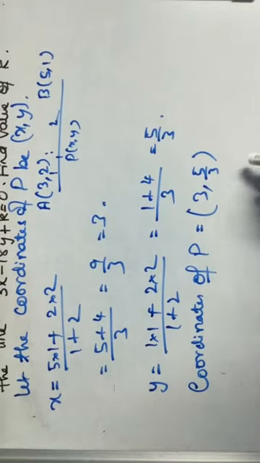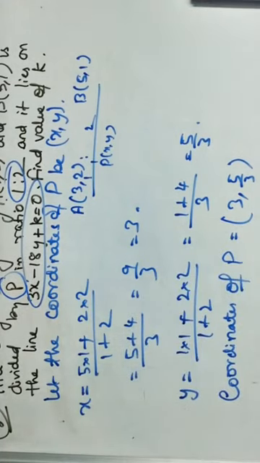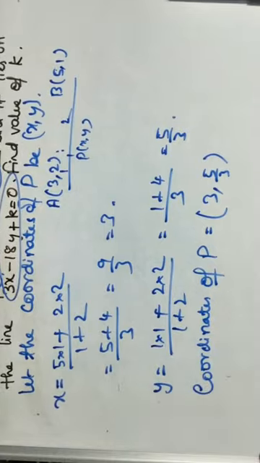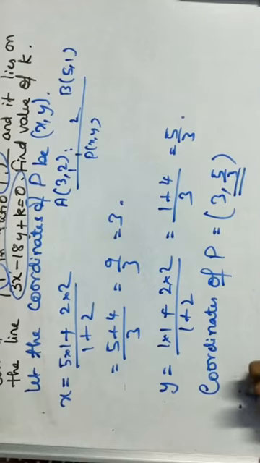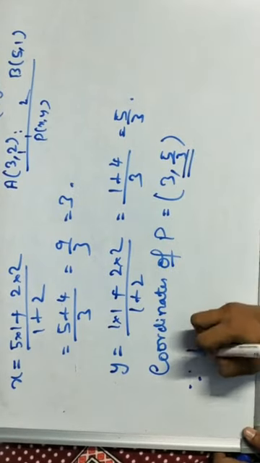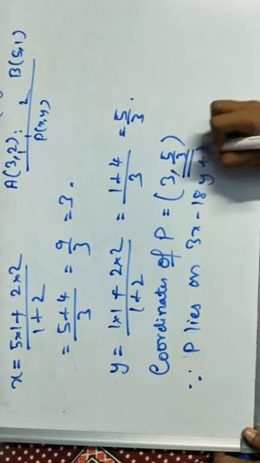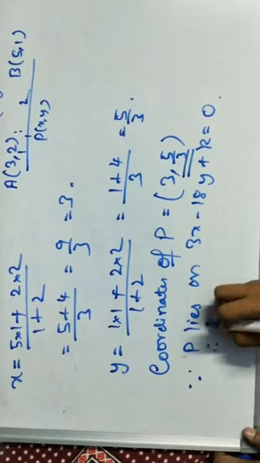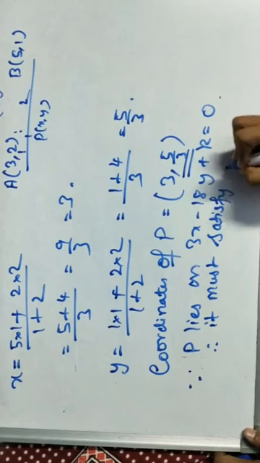Now this point lies on the line 3x minus 18y plus k equals 0. If a point is lying on a specific line, then the point must definitely satisfy the equation of the line. So what we will do is substitute this point in the given equation. Since P lies on 3x minus 18y plus k equals 0, it must satisfy it.